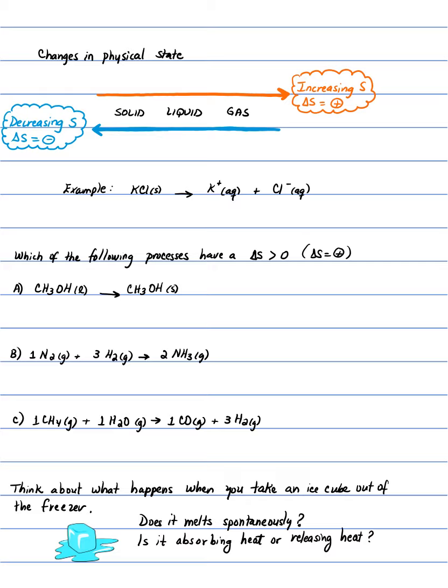So solids are very well organized. Then we move to the next one, which is a liquid. In your liquids, the particles can flow. There's space between your particles, so they can actually move to occupy new positions.